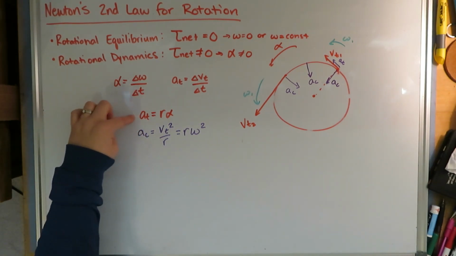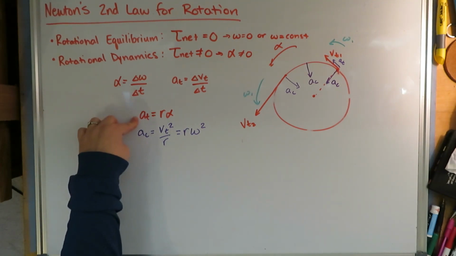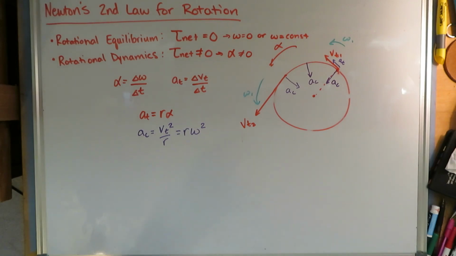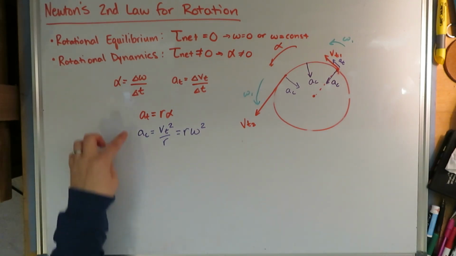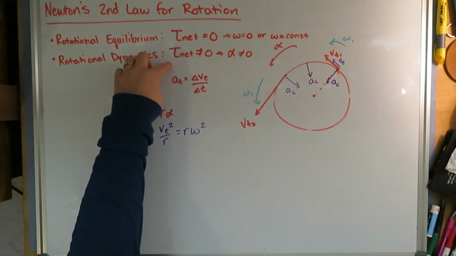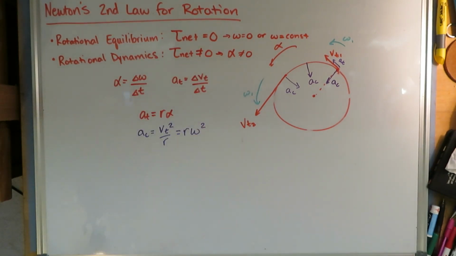If you're changing speeds around the circle, you have to have tangential acceleration. So if you were going to be moving in a circle at all, you were always going to have centripetal acceleration. Now, if you have a non-zero angular acceleration, then you also have to have tangential acceleration.